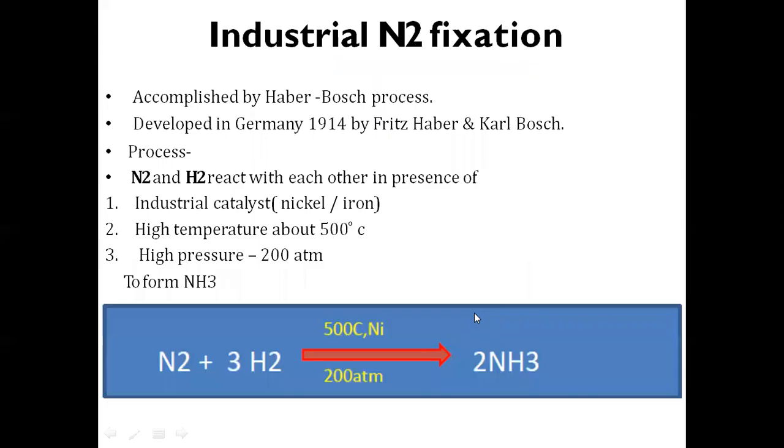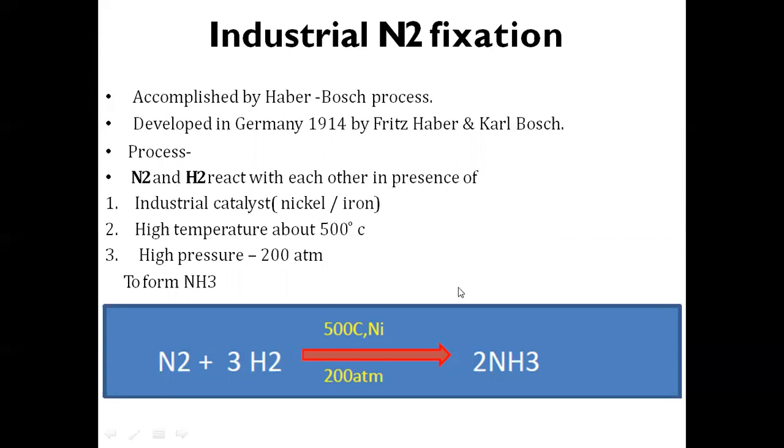Okay. Next is industrial nitrogen fixation. This process was first discovered by Haber and Bosch. That's why it is called the Haber-Bosch process, developed in Germany in the year 1914 by Fritz Haber and Karl Bosch. This is very important for MCQs also. In this process, nitrogen and hydrogen react in the presence of an industrial catalyst, which may be nickel or iron.